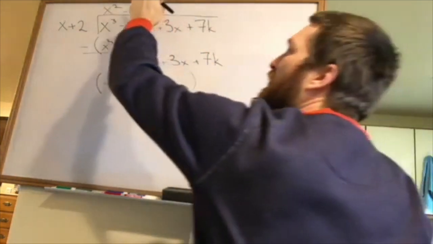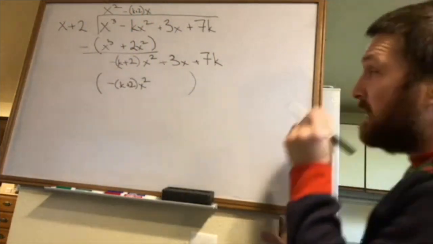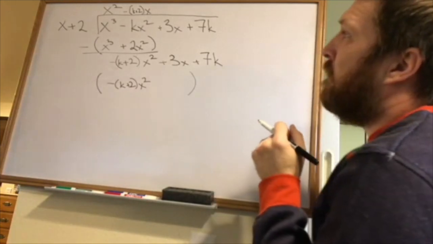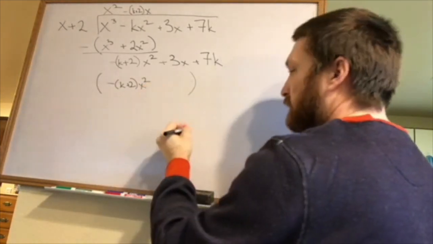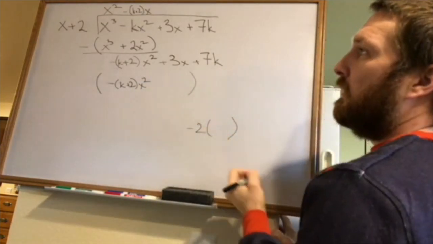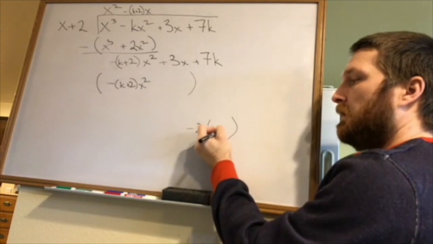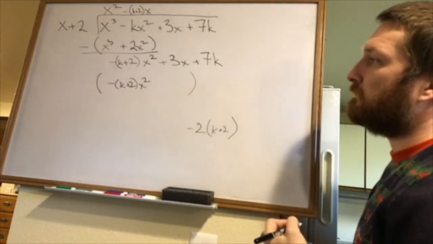So now he distributes into here. And what do we have? Minus 2 times minus k plus 2, right? And then an x on the outside.